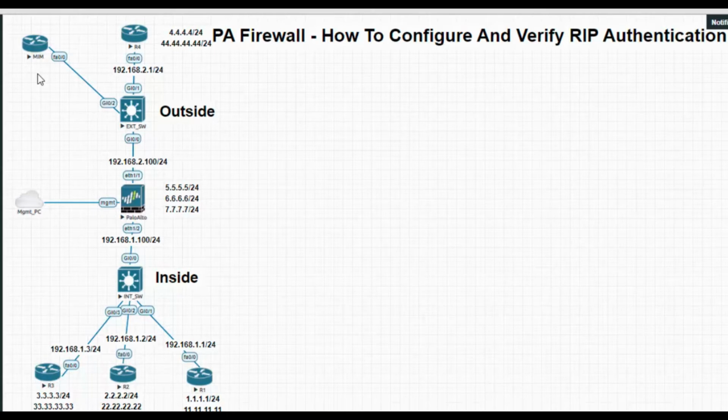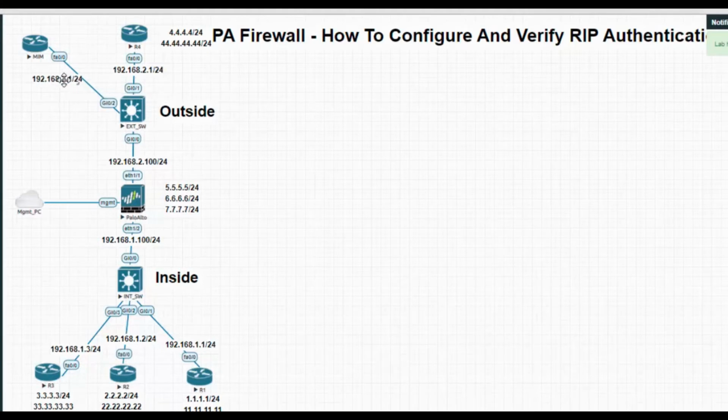Once we configure authentication in all the routers, router 1, 2, 3 and 4, as well as in Palo Alto, this router will not get any updates through RIP, because it does not have any authentication configured. So as of now I will give the 192.168.2.10 IP address, and I will power on this one.